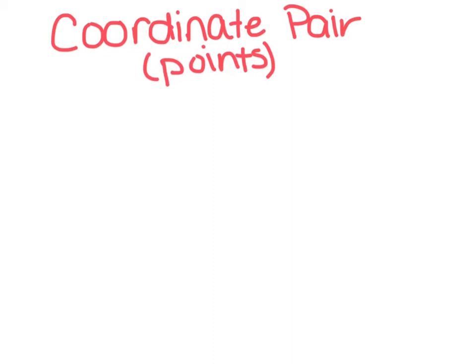Now we'll talk about coordinate pairs quite a bit. Those are just basically points. Every coordinate pair is written in this form. You've got an x coordinate, and then you have a y coordinate, separated by a comma and grouped in parentheses. That's the general format for how a point needs to be written.